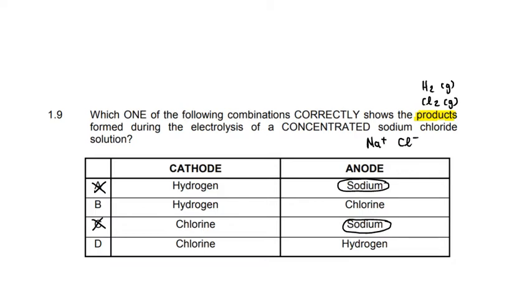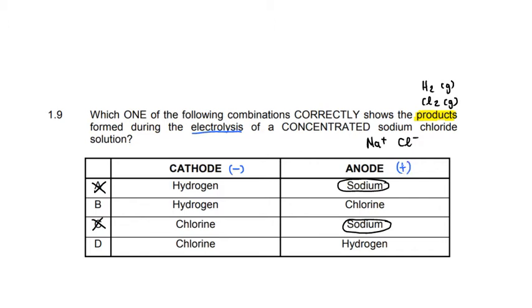Right, so now for this we can also just use some common sense without actually redrawing the entire experiment. We just need to understand again that because we're looking at electrolysis, which is an electrolytic cell, the cathode is attached to the negative terminal of the battery, and the anode is attached to the positive terminal of the battery.